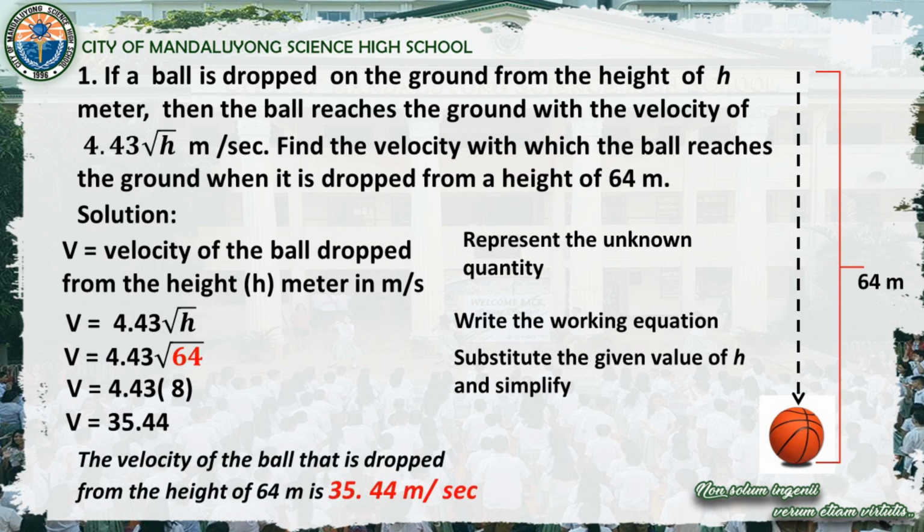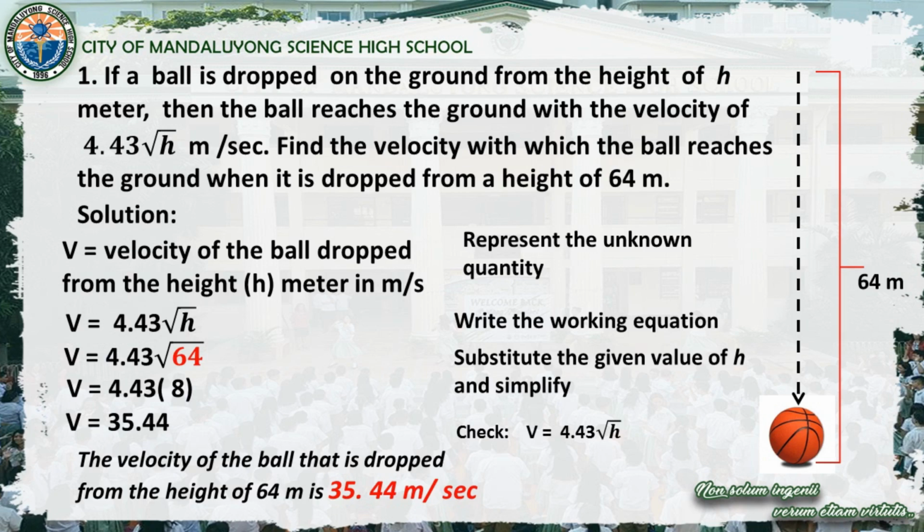So again, the velocity of the ball that is dropped from the height of 64 meters is 35.44 meters per second. Check. Going back to the original equation, V is equal to 4.43 times the square root of h.